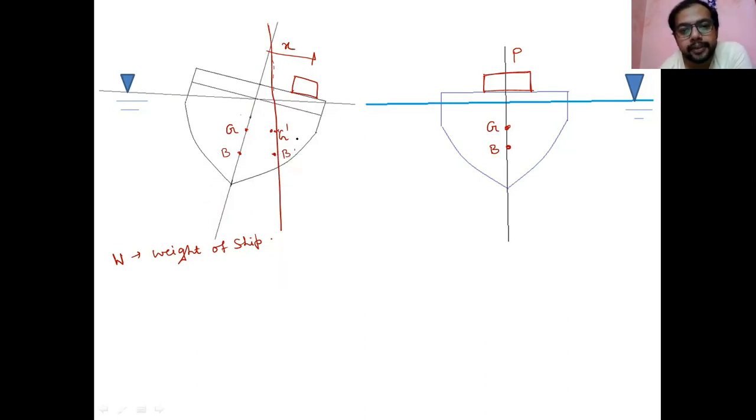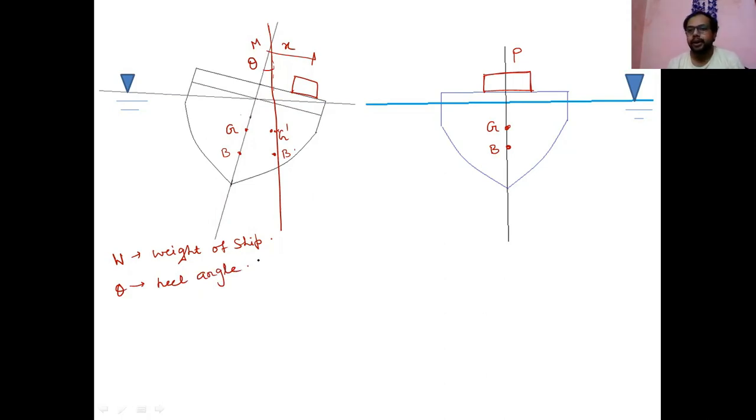Okay, no problem. And this is the metacentre. Because of this, some angle is created, that is theta. This angle theta is known as the heel angle.